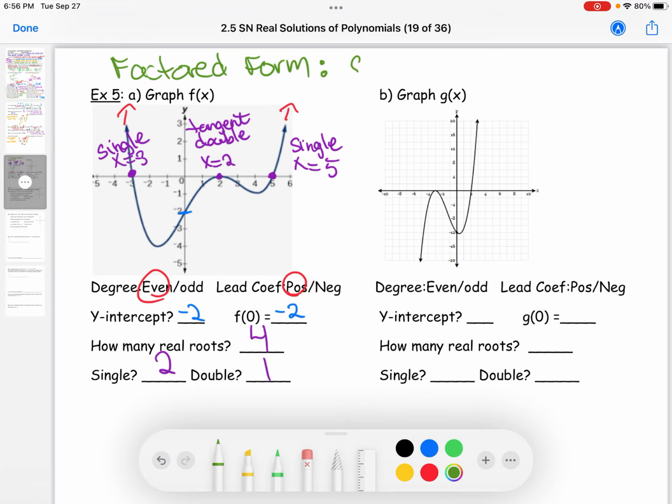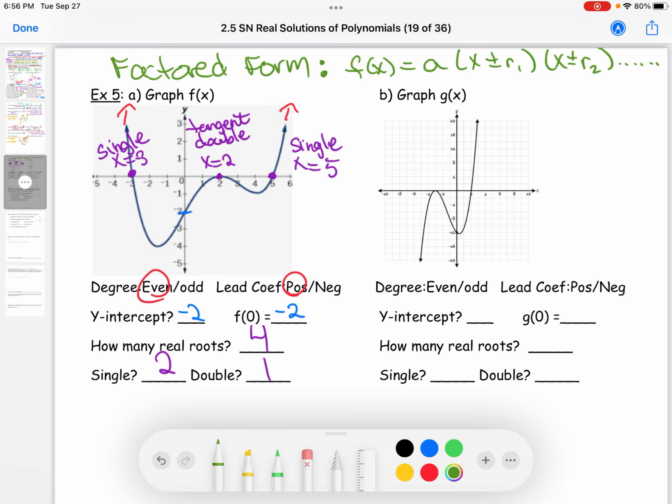Factored form is f of x, or y, equals a coefficient a, the leading coefficient a, then x plus or minus one of the roots, x plus or minus another root, and so on. However many roots we need, we'll use. And that a in front is that leading coefficient. That's what we're going to look at finding right now.